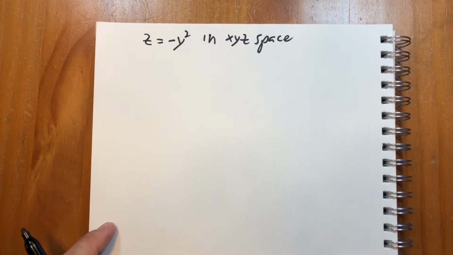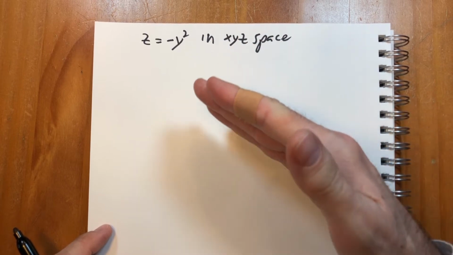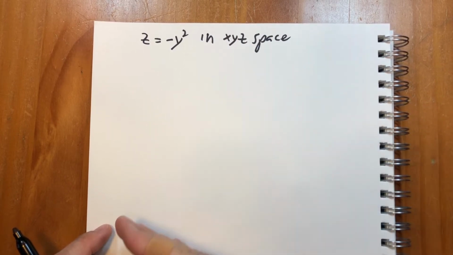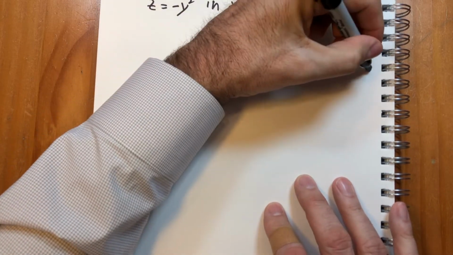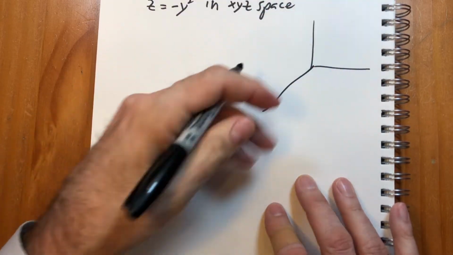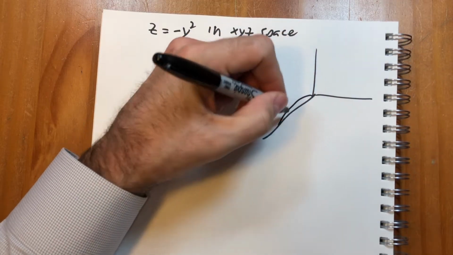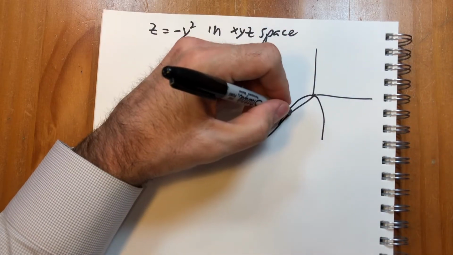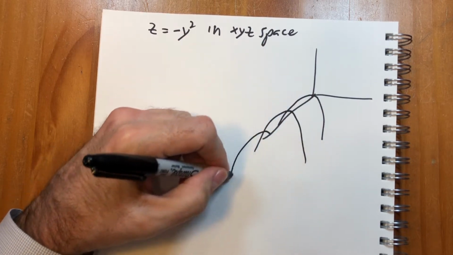And what that means is that if we set x to a constant, the sections with x constant have to be the same because x isn't changing the equation. So in this case, the sections are all parabolas opening downward in the yz plane. They go down like this, and then there's another one here, another one here, and so on.